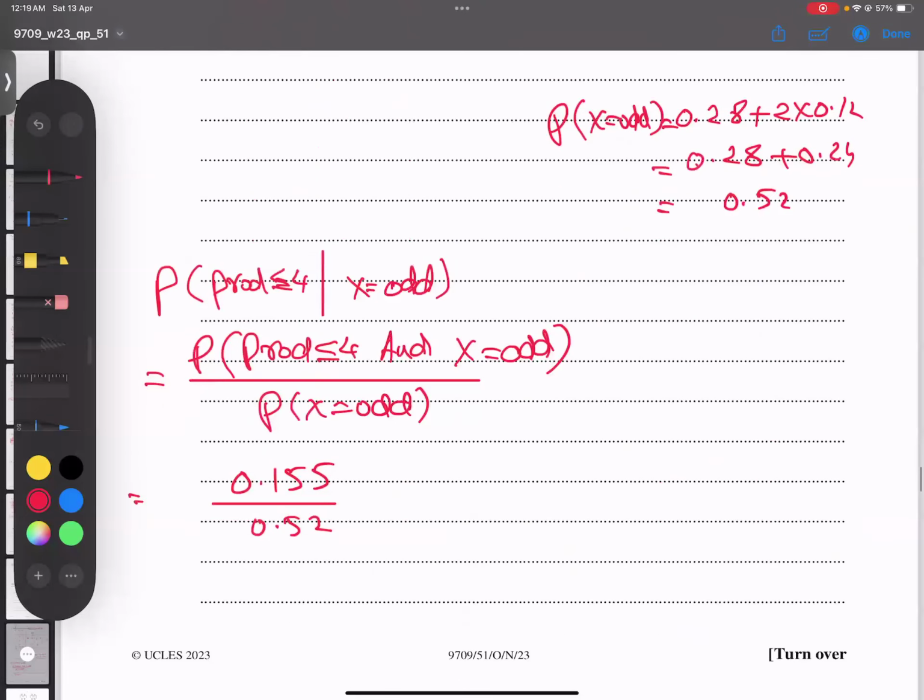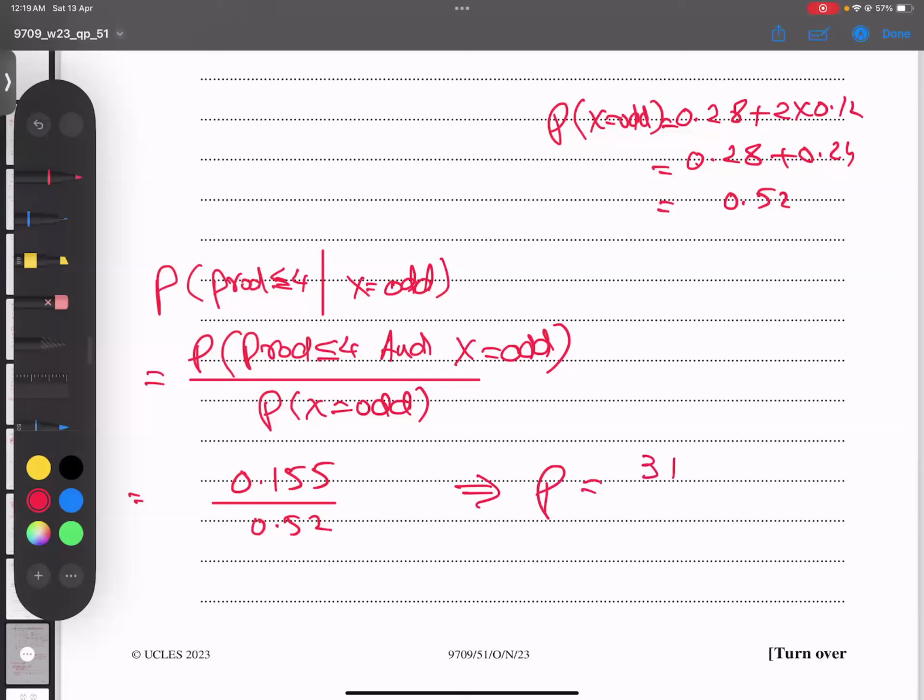And finally, the conditional probability, if you divide by 0.52, it is coming 31/104, or you can write it in decimal. This decimal is a recurring number. So, okay, even if I write 0.29807, I don't want that, so the probability becomes 0.298.